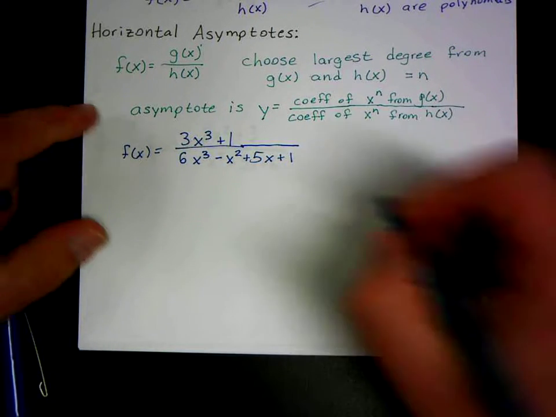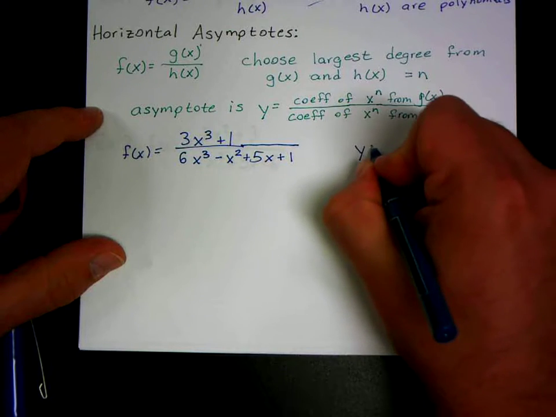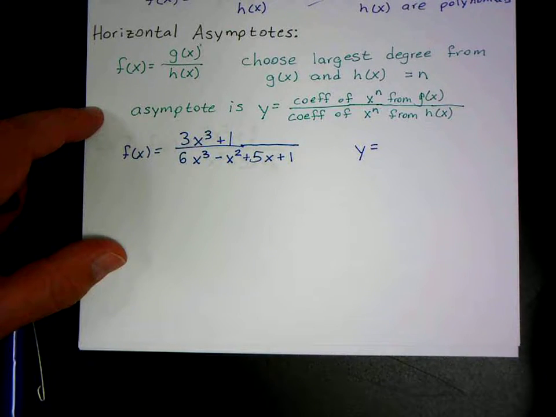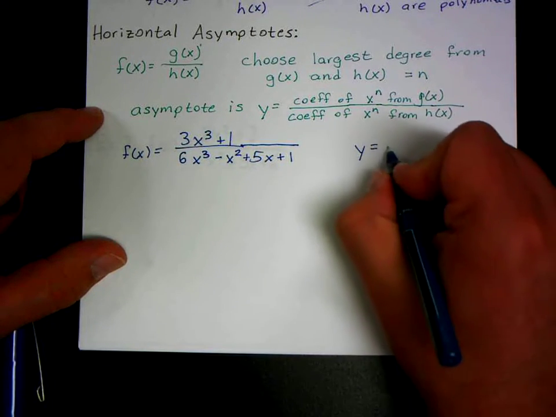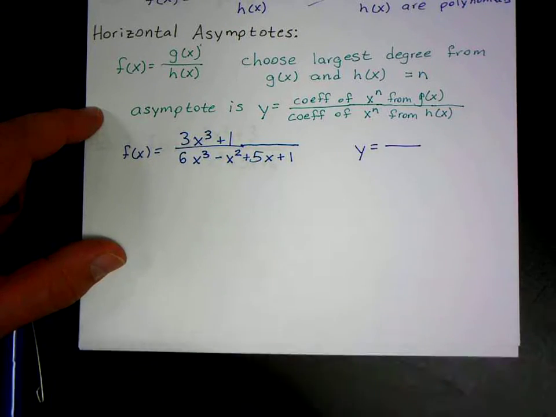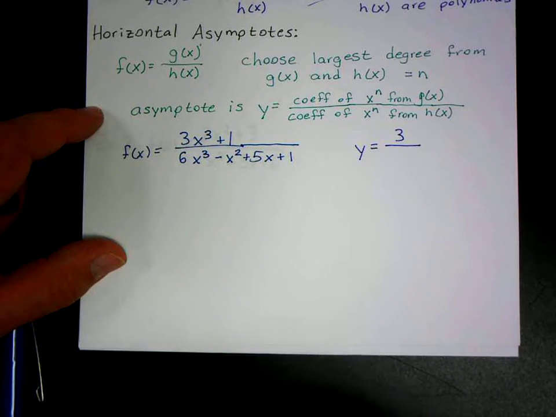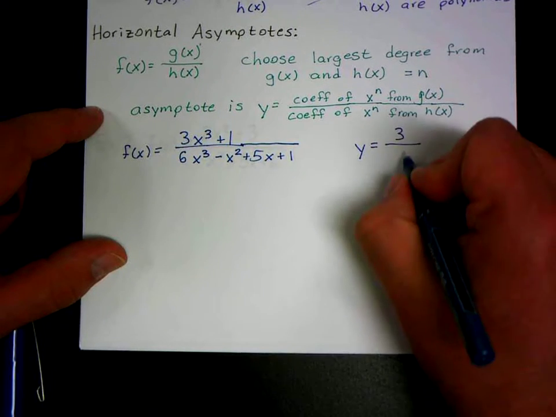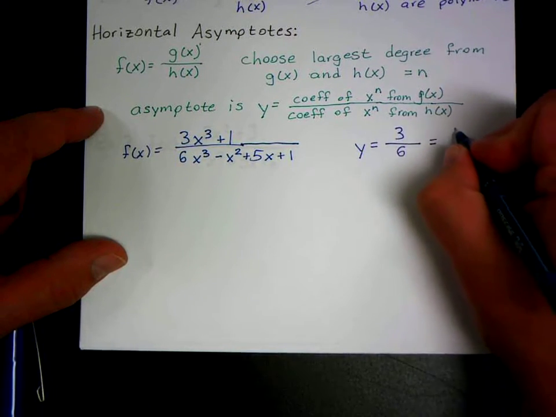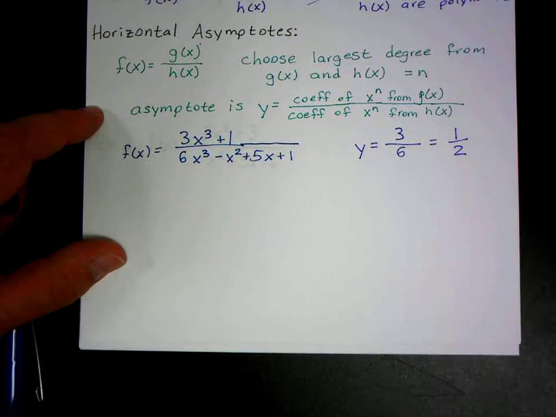What is my highest power? 3. What is the coefficient of x cubed on the top? 3. What is the coefficient of x cubed on the bottom? 6. So my asymptote occurs at y equals 1/2. That's all there is to it.